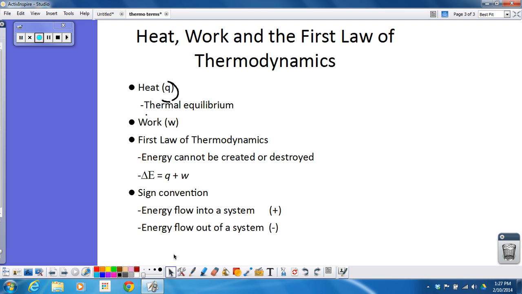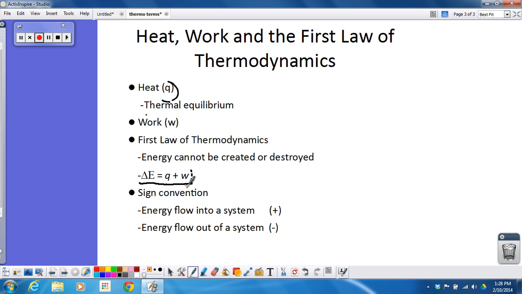The actual definition of the first law of thermodynamics is the change in energy of a system depends on the heat flow in or out of the system and the work done on the system or the work done by the system. So again, if you take physics, you'll run into that equation again, but for right now, all you need to know is that's the mathematical definition of the first law of thermodynamics.